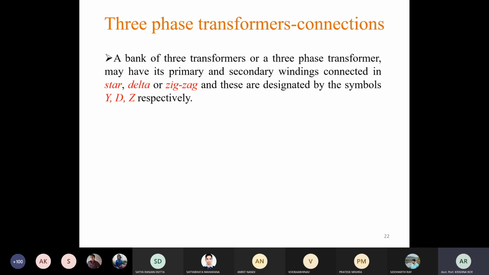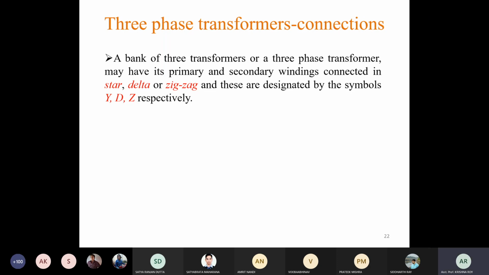All these 6 terminals are taken out from the tank through these bushings, and the connections are made before it is connected to the power system. Here a bank of three transformers or a three-phase transformer may have its primary and secondary windings connected in star, delta, or zigzag.